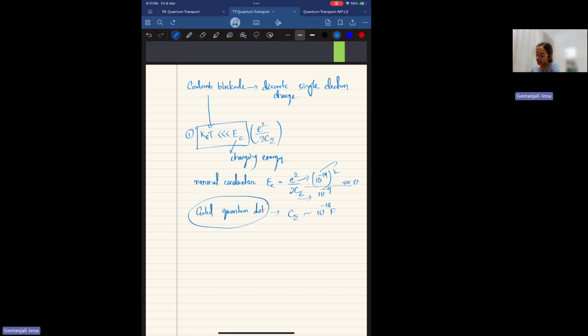So in that case, we can't neglect the effect of EC. The charging energy will be significant.